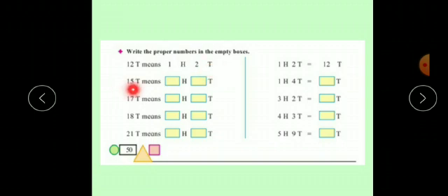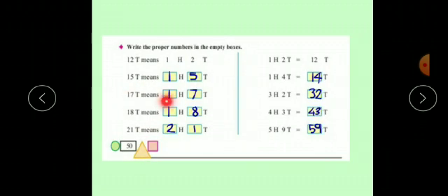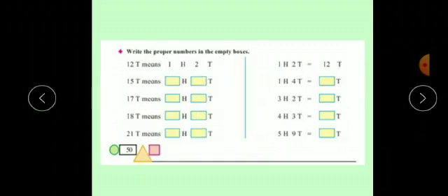Similarly 15T means 15T equals 10T plus 5T. Okay, and 10T equals 1H. So here 1H and 5T. Similarly 17T means 1H and 7T.